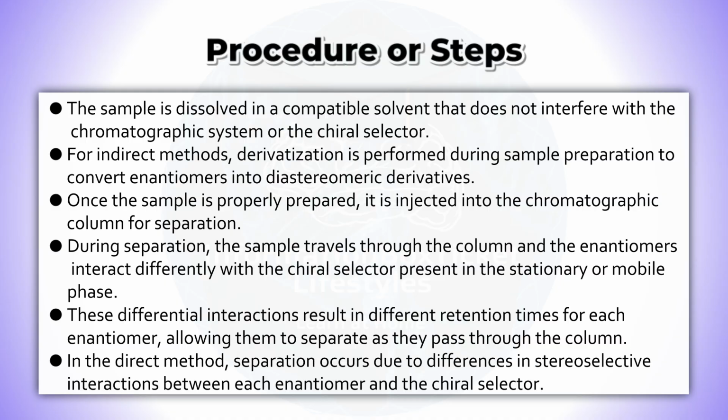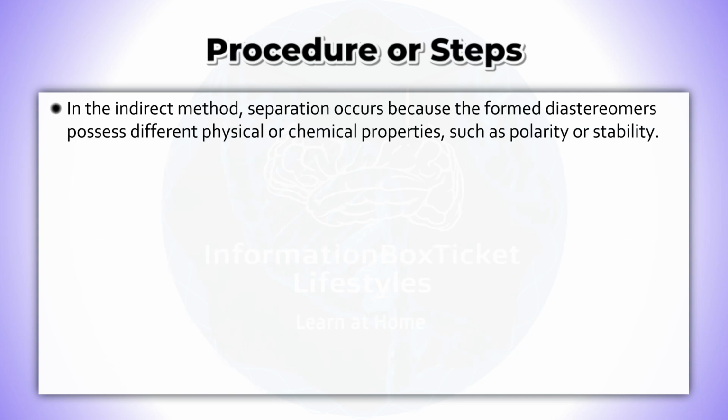In the direct method, separation occurs due to differences in stereoselective interactions between each enantiomer and the chiral selector. In the indirect method, separation occurs because the formed diastereomers possess different physical or chemical properties, such as polarity or stability.